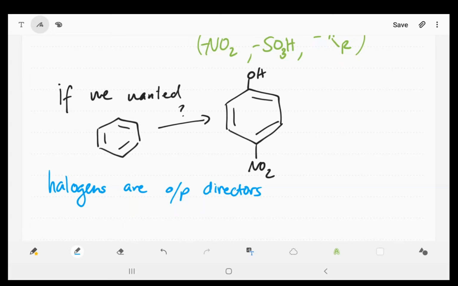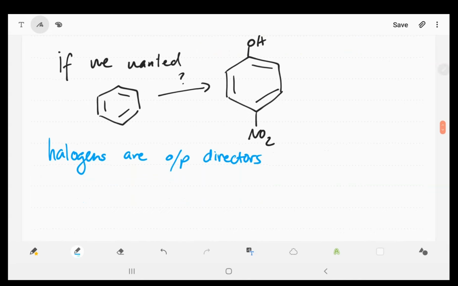We have this advantage because now that we have a nitro group para, we can go ahead and kick out our halogen. So the halogen will guide our electron withdrawing group para to itself, and then we can go ahead and mess with that later. So this is a good thing, because remember, we want it para if we want to do nucleophilic aromatic substitution.